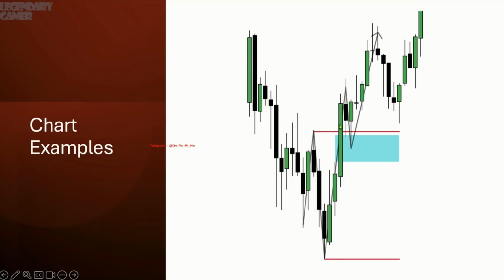So the market was inefficiently delivered on the sell side. There was a lack of sell side delivery inside of this move, and therefore we need to see sell side delivery once more before we're allowed to expand higher.